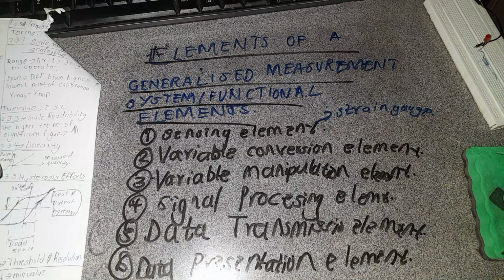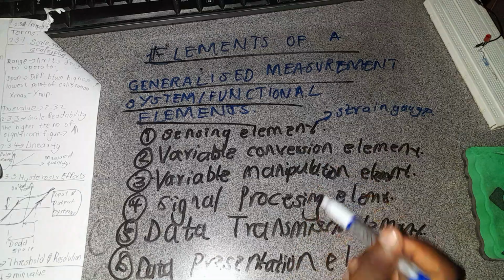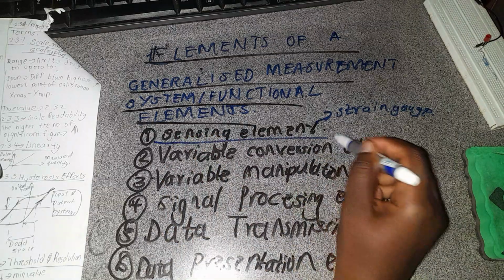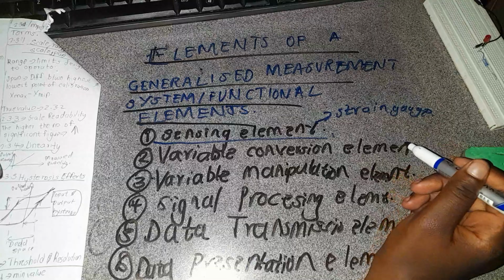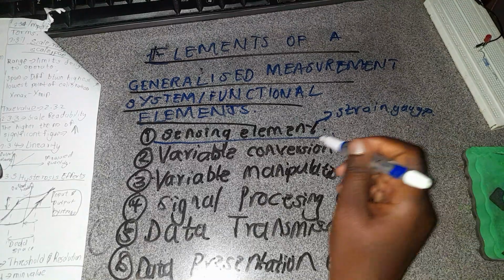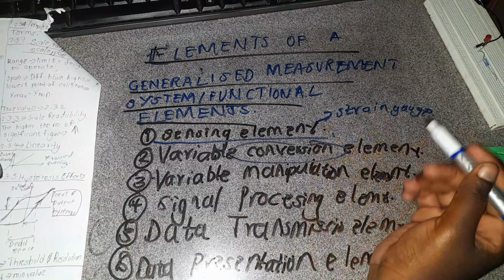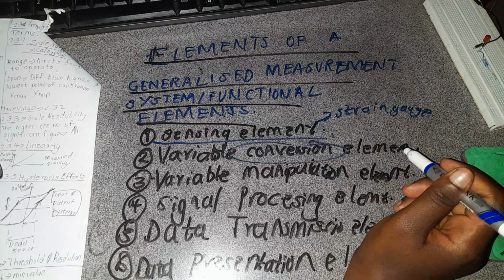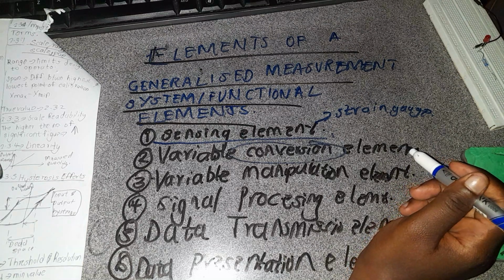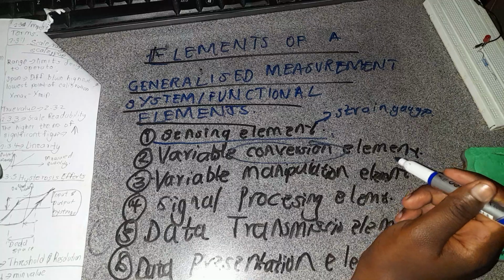In layman's terms, what I understood is that we first sense, we have a sensor which will then convert the input to an output that is readable or better to manipulate.